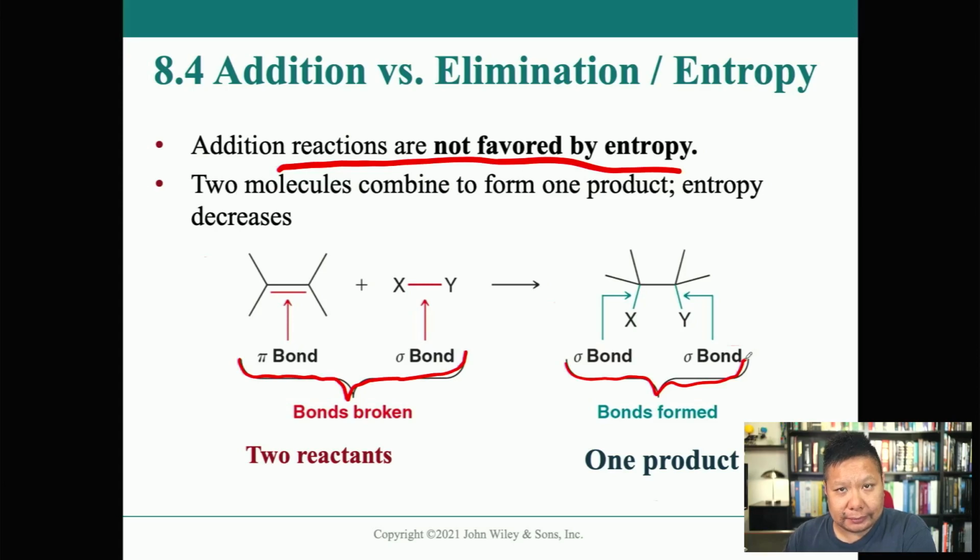Making one molecule out of two decreases disorder. One product is less disordered than two reactants.